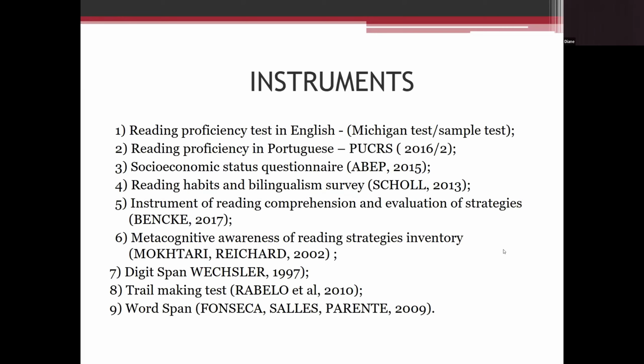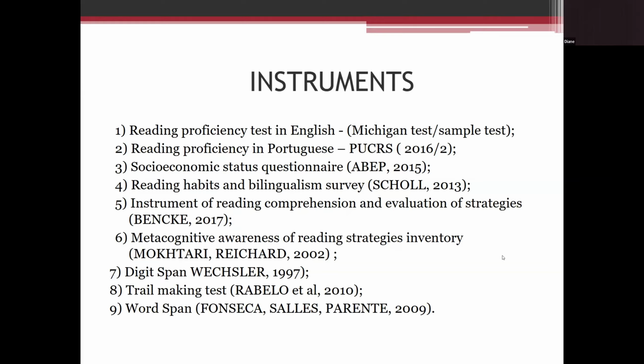So our instruments, I mentioned the Michigan test. We use a sample one. The Portuguese reading test was from a university. We also use a socioeconomic status questionnaire, a reading habits and bilingualism survey as well. And number 5 and number 6 are our instruments to measure metacognition in L1 reading. So I made an instrument, I will tell you soon how it was.